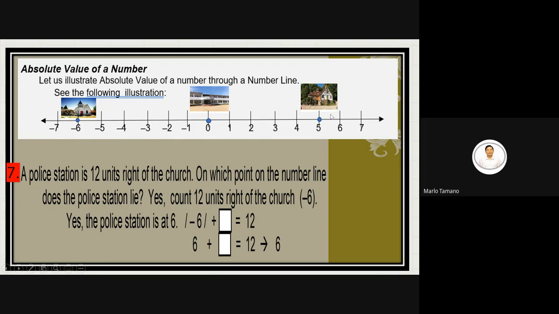We stop at 6. The 12th is at +6. So the absolute value of -6 plus the absolute value of 6. Do you understand? Now, the absolute value of 6 plus the absolute value of 6 is 12. 12 units is the distance from -6 to +6. Can you follow?